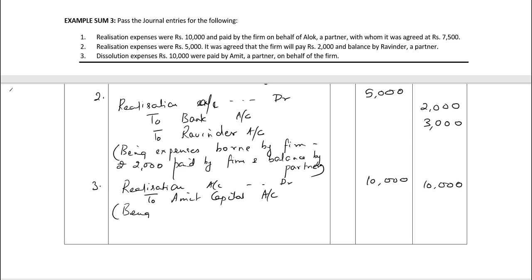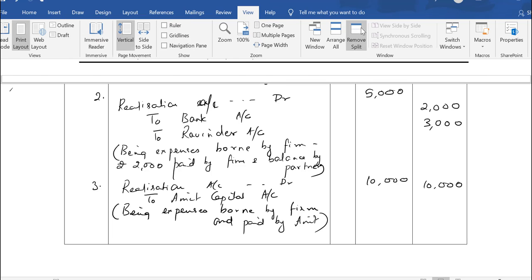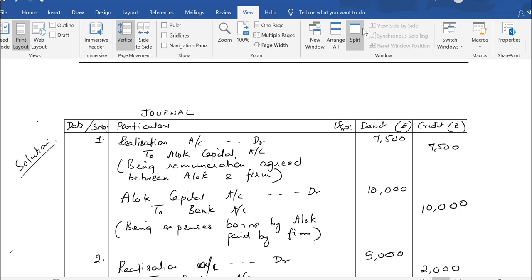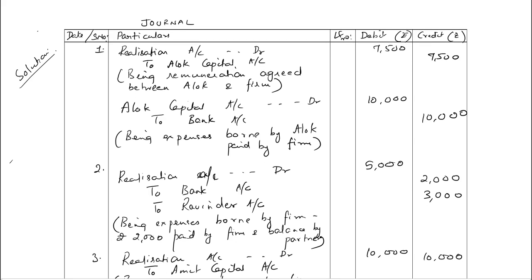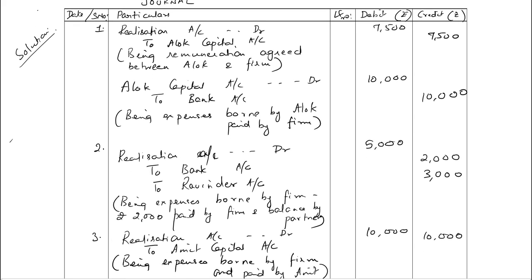Narration: being expenses borne by firm and paid by Amit. I'll remove the split. We can view the journal entries. So these are the answers.